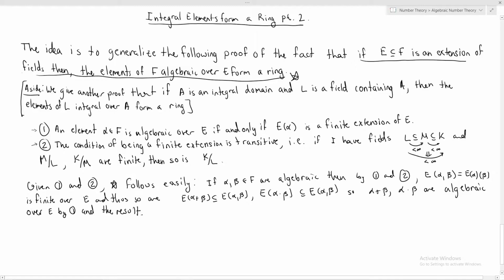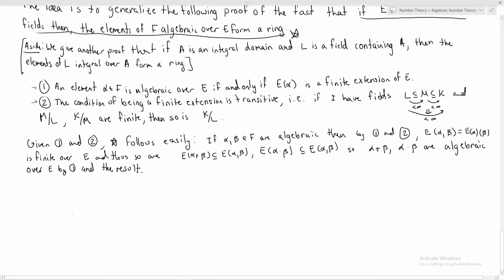And so the idea for our proof of this statement here, that the elements integral over an integral domain form a ring, we're going to try to basically replicate these two facts. It's going to be a little bit more work, but once we have the analogs of these two facts, then we'll be able to prove the result.